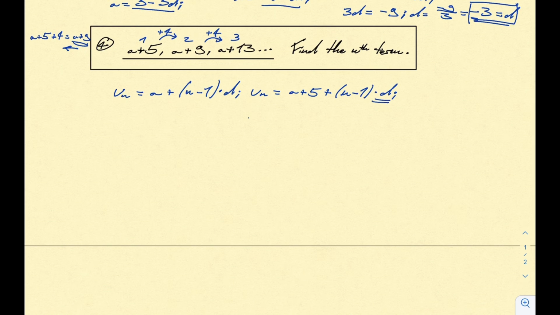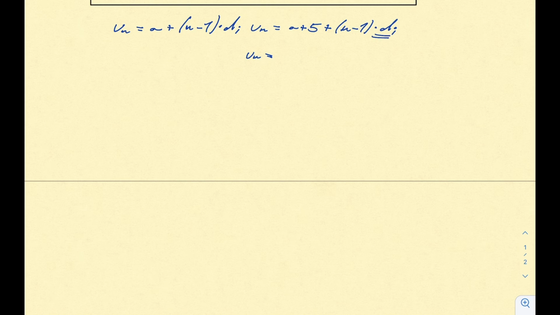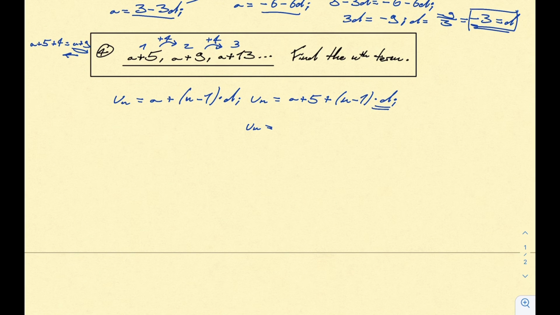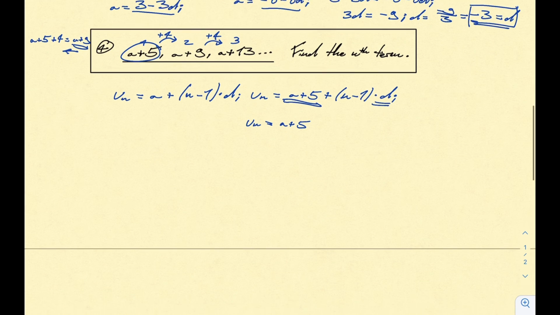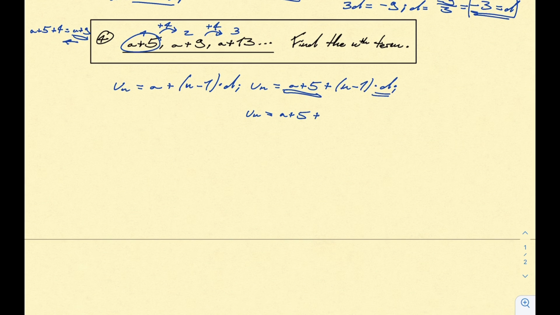And so we know that un equals a, which again is a plus 5. So that's our first term, right? This is what we found. It's this term in here. So a plus 5 plus, also I didn't mention this, but forget about the fact that these two are the same.